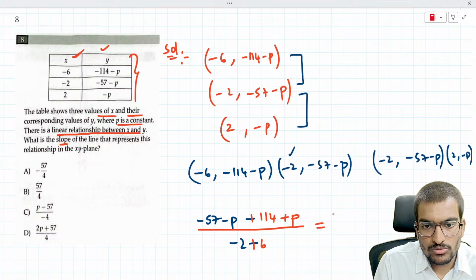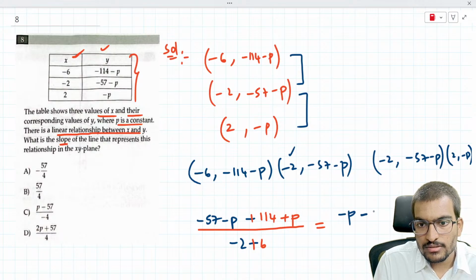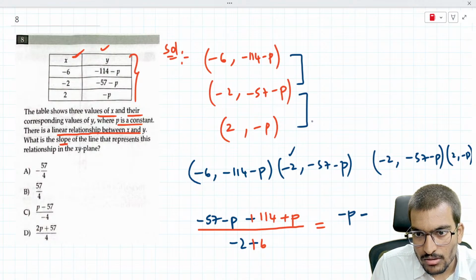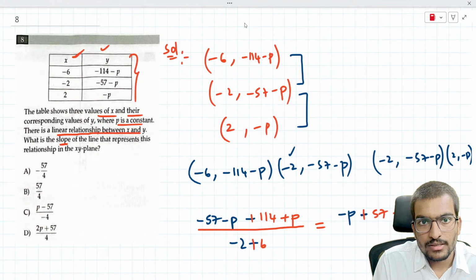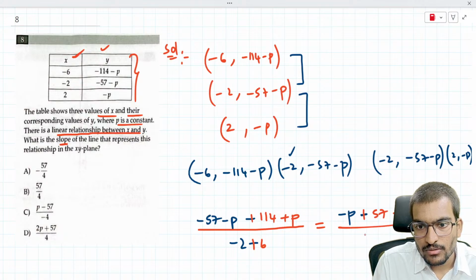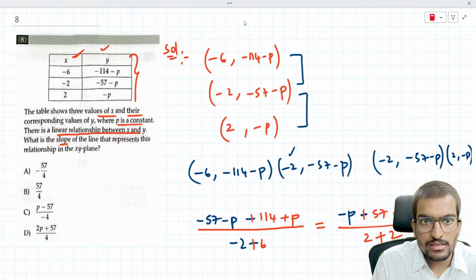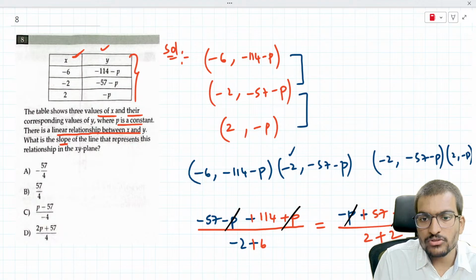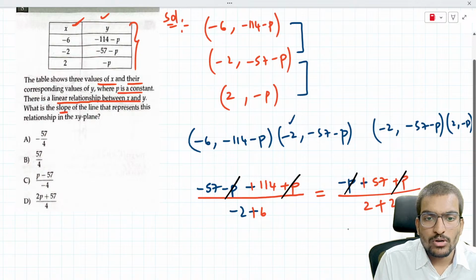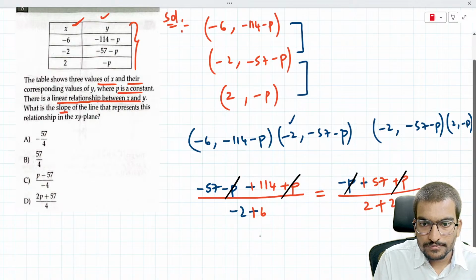That equals y2 minus y1, negative p plus 57 plus p, divided by 2 plus 2. I'll eliminate negative p and positive p. It's gone. So what is the slope now?